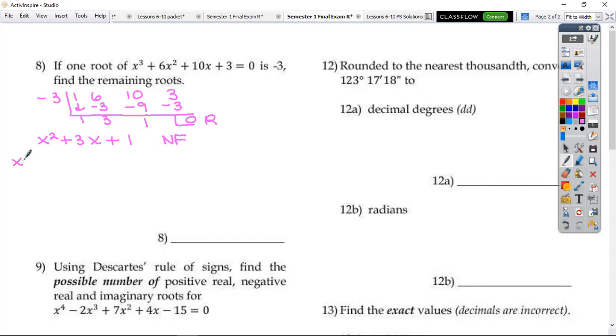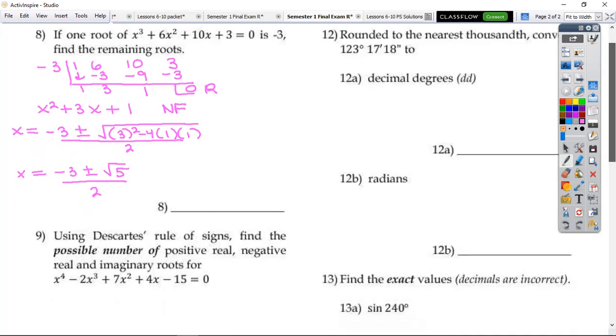You're going to go x is equal to -3 plus and minus the square root of 3 squared minus 4 times 1 times 1, all over 2. It's fairly simple. So x equals -3 plus or minus the square root of 9 minus 4, which is 5, all over 2. So that represents your 2 remaining irrational roots. Nothing more you have to do there.